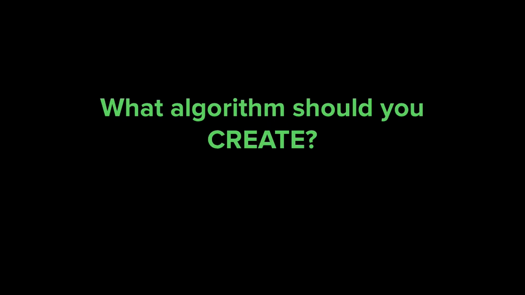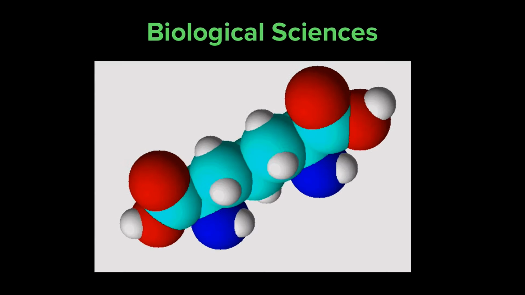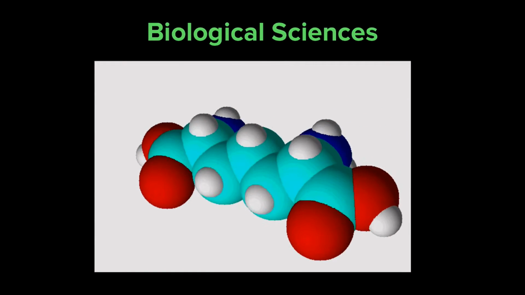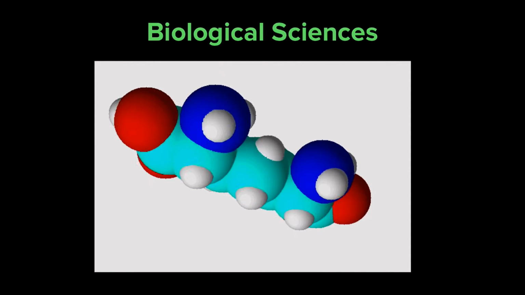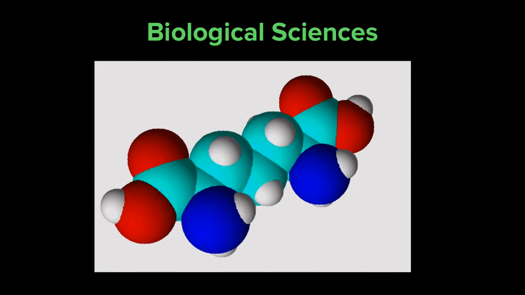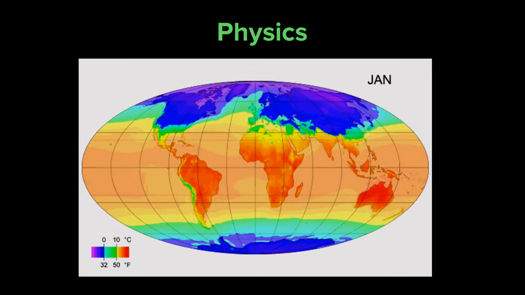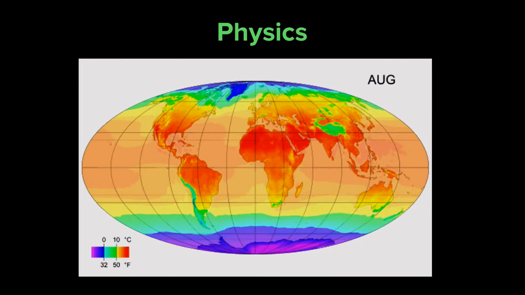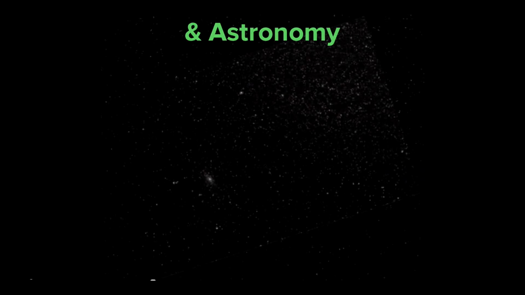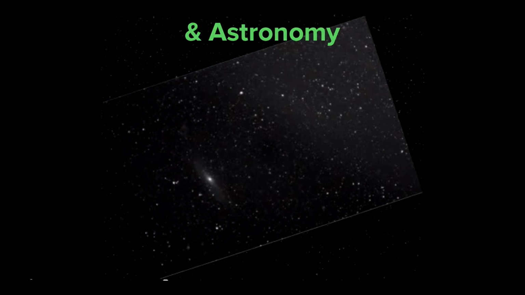It's also important to know how to design new algorithms, as well as how to analyze their correctness and efficiency. In the biological sciences, new algorithms are continually being designed for purposes such as designing the molecular structures that are the core of disease-fighting drugs. In physics, algorithms simulate climate and weather patterns, and other algorithms search and analyze the vast data about stars in the universe that's collected by automated space telescopes.